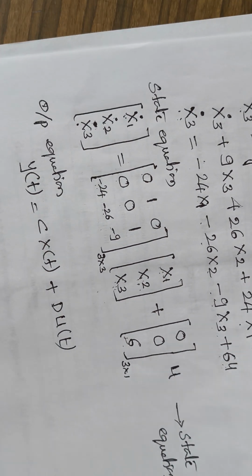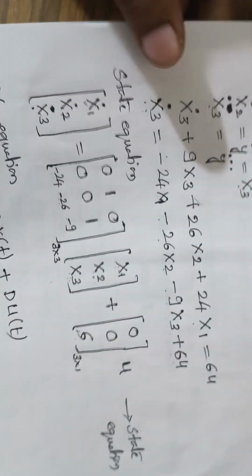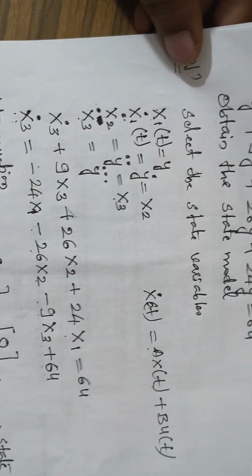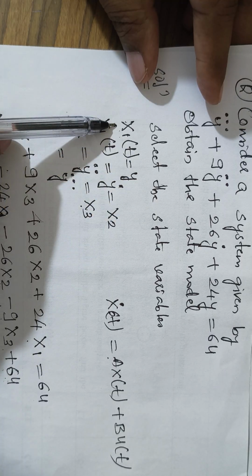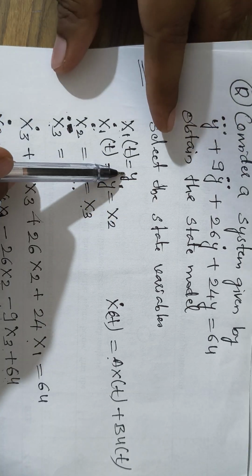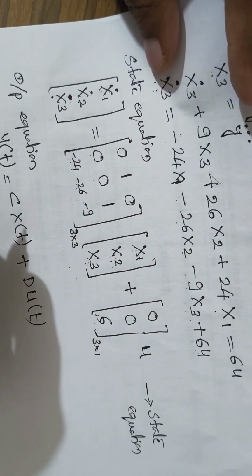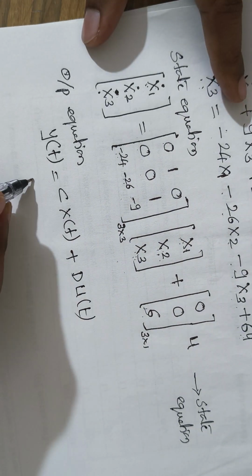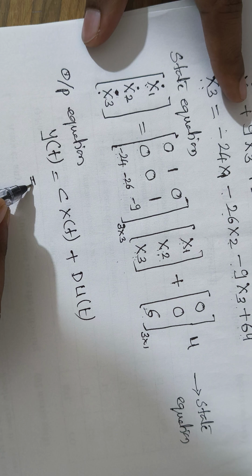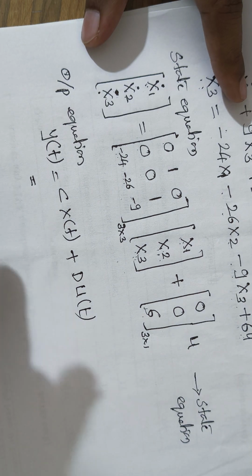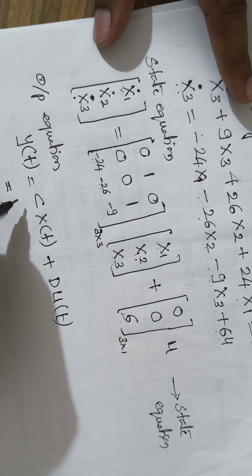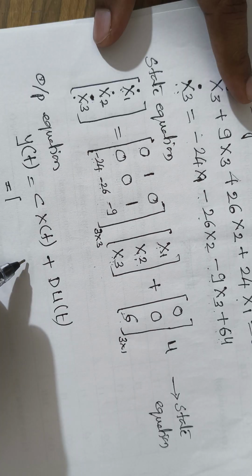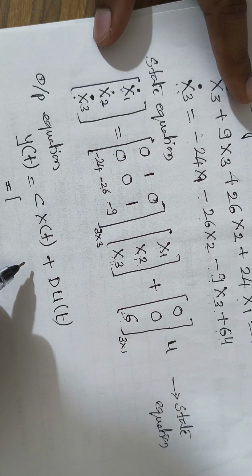Now for the output equation, you can see y is equal to x1. So what is the order of the C matrix? The order of C matrix is p cross n. P is nothing but the number of outputs. How many outputs do you have? One output, so one row, and n columns.